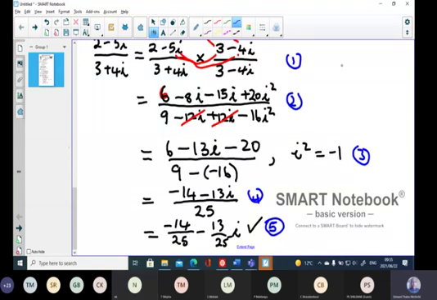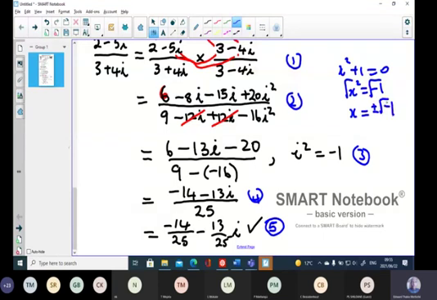So let's say we have x squared plus 1 equals 0. So x here is equal to what? x squared is equal to minus 1. So you take the square root on both sides. So you have x equals plus or minus the square root of minus 1.